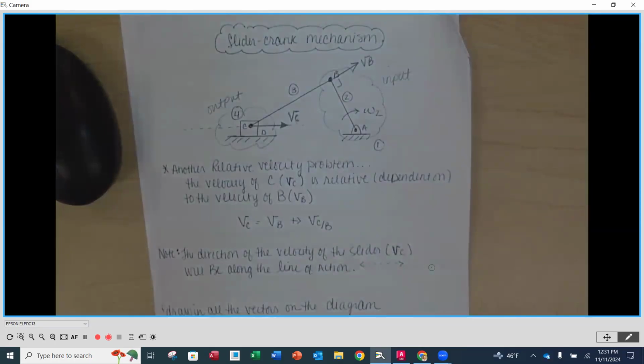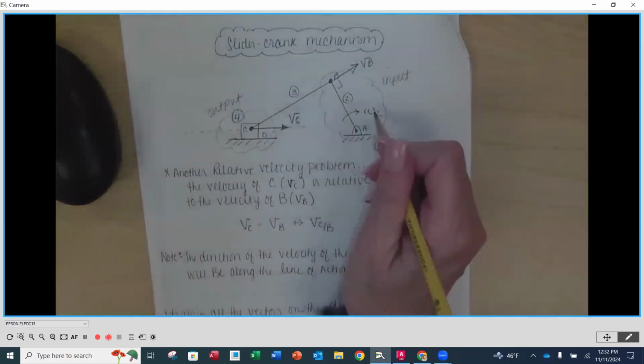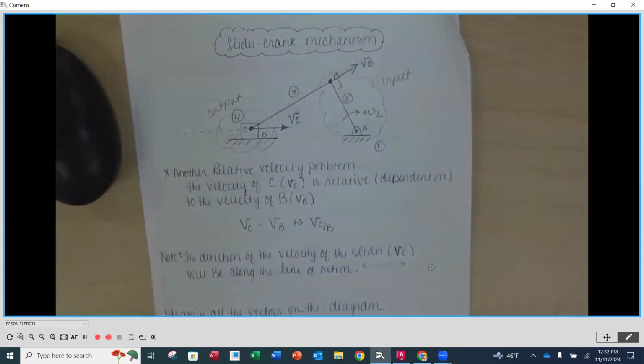So it is only going to be, in this case, left or right. And because of the rotation of our crank pulling this way, it's going to be coming towards point A. Okay. Now the last straight line velocity we need here is going to be the velocity of C relative to B. Go ahead and draw what you believe to be the direction that the velocity of C relative to B would take.